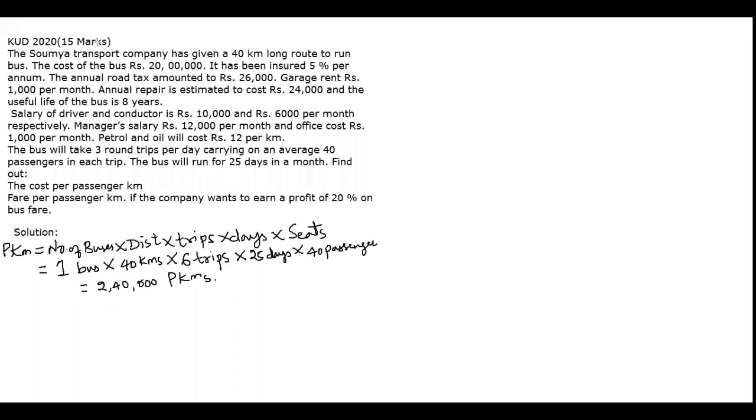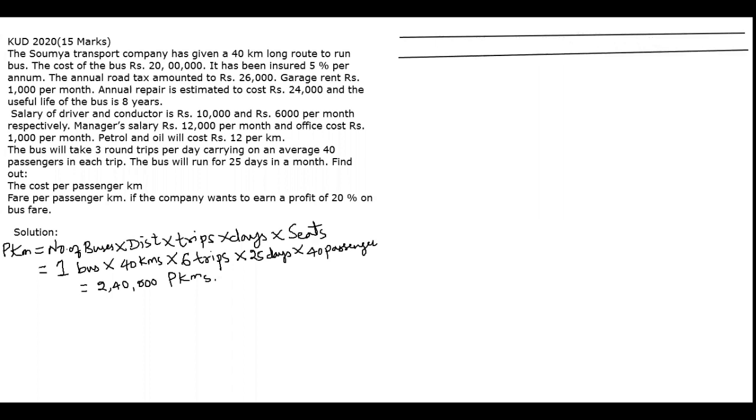Now let's prepare the operating cost sheet. We'll draw a line here quickly. The same cost sheet format which you used to prepare in 5th semester is followed here also. So inner column, outer column.